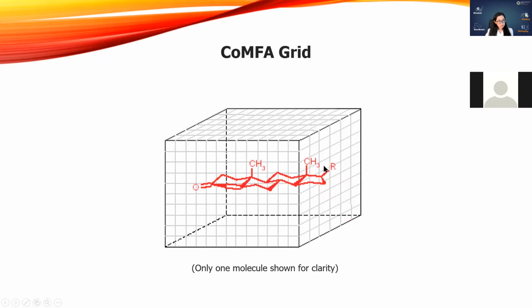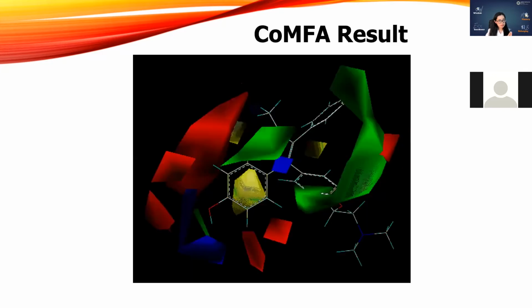And at each grid point, they would have the electronic field. And then from the molecular field, they will plot the tendency of certain parts to meet certain electronic properties like this. So this is the ring, the three-ring here. And if it very often meets positively charged characters, they put blue colors.